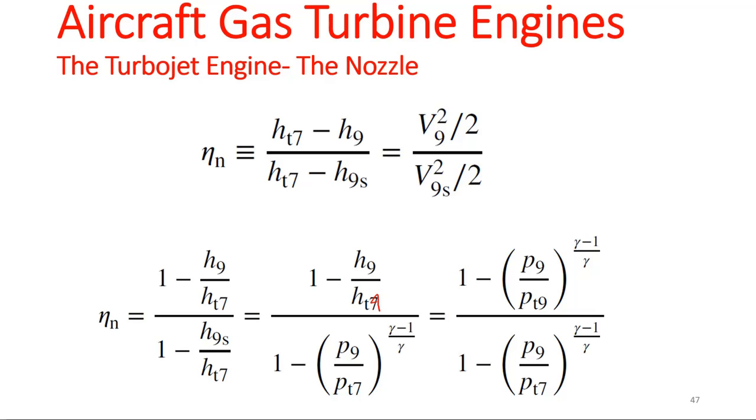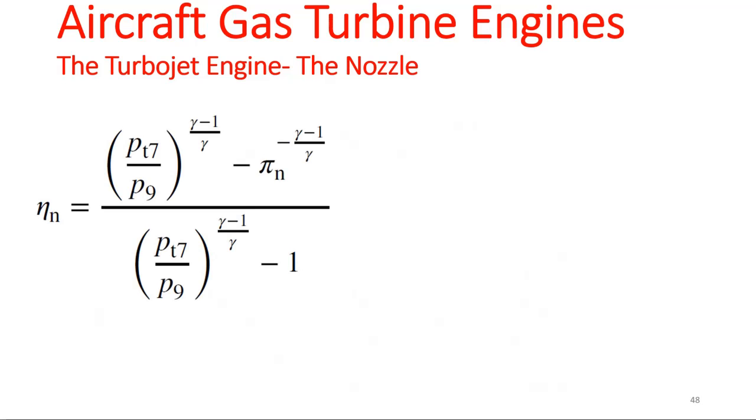You're going to get 1 here. You're going to get PT7 over PT9 to the power gamma minus 1 over gamma here. And what are we going to get here? We're going to get PT7 divided by PT9, because the P9s will cancel out, which is 1 over your nozzle pressure ratio. We can have a negative power and make it the pressure ratio to the power negative gamma minus 1 over gamma.